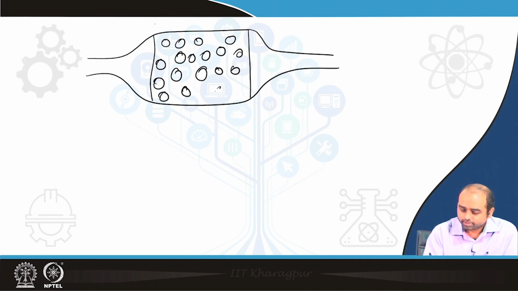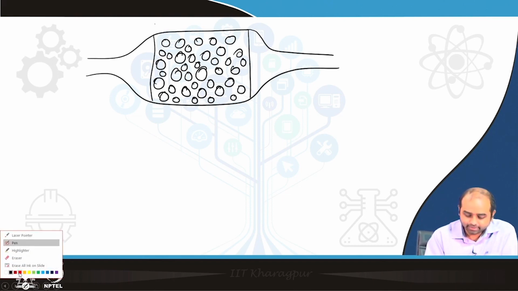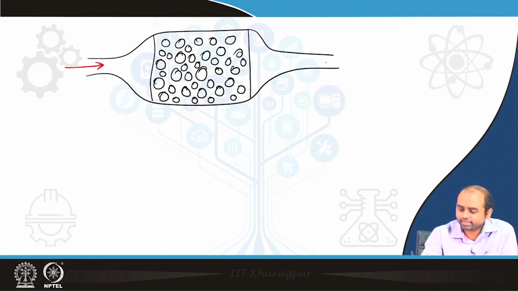So, the configuration is very much similar to the packed bed adsorption, right, except that here we are having catalytic reactions instead of adsorptions, right. So, this is a packed bed catalytic reactor where you have inlet from this side and this is the outlet.